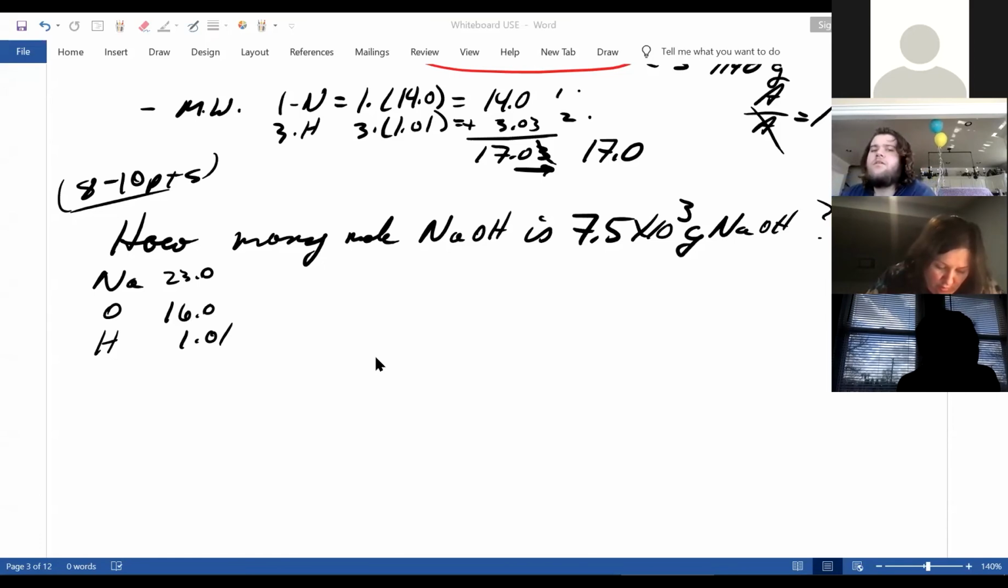Is chemistry fun when you use your good buddy, your good friend, unit analysis? Everybody say, yes, it is. One of your colleagues asked a question about negative versus positive exponents.